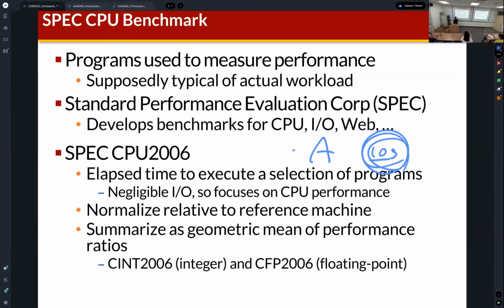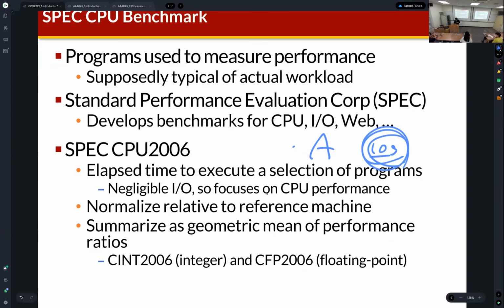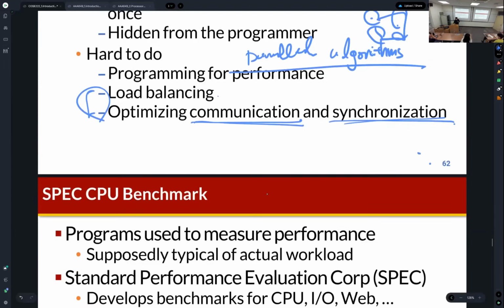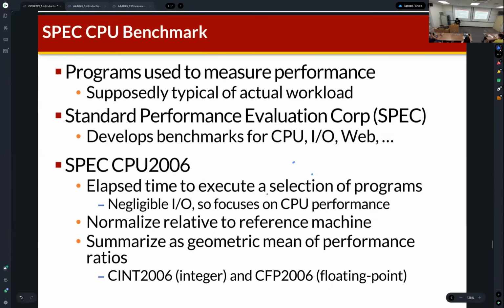So actually, we can know the performance of our computer system by comparing it with the baseline system, or another computer system. That's why I also added that instruction on the homework problems. And then how can we measure the performance? The CPU is a general purpose processor, which means that we can run any application using CPUs. But the problem is that there are many types of applications that can be executed by CPUs.